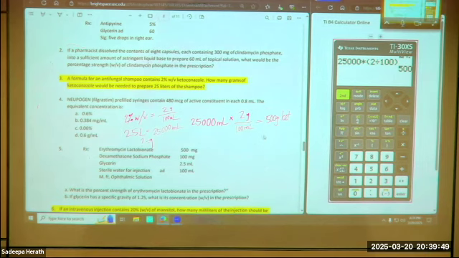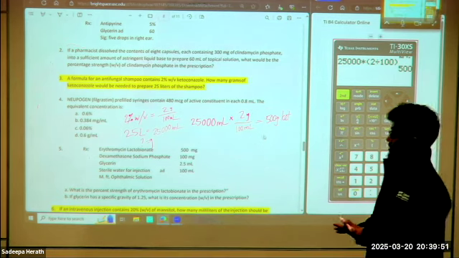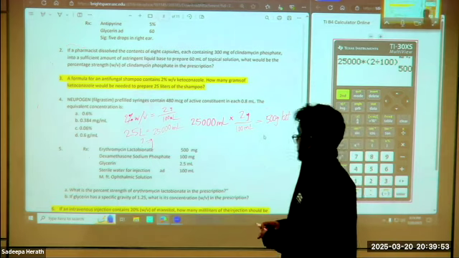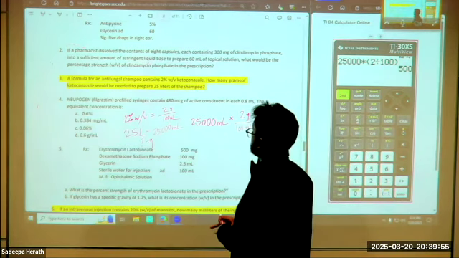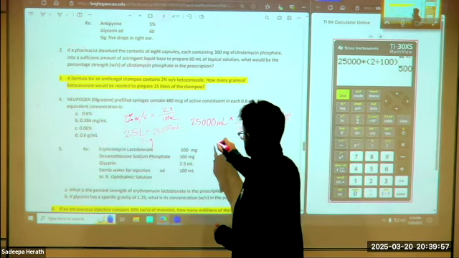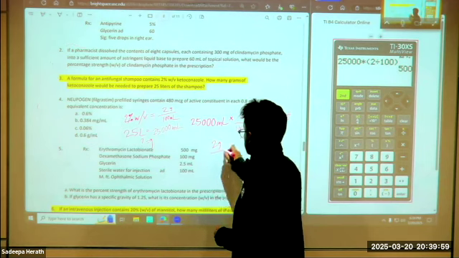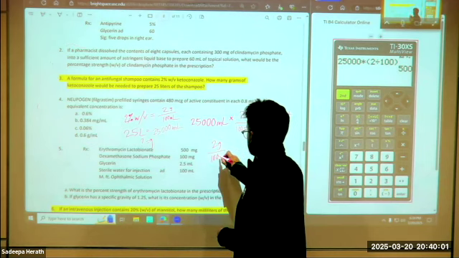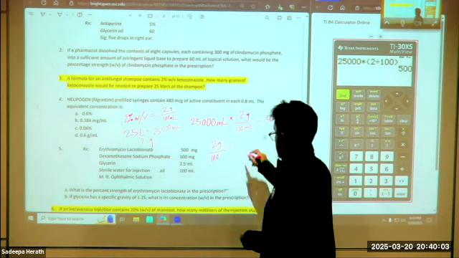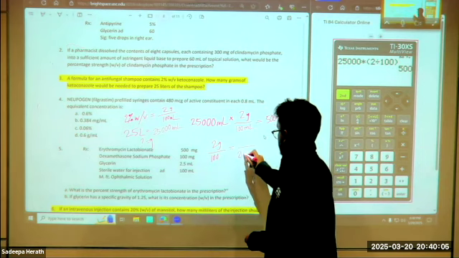Another way to go about it, for this type of question, is proportions, which might be pretty convenient as well. You have this proportion right here, 2 grams per 100 ml. And you have your other amount, 25,000 ml here.